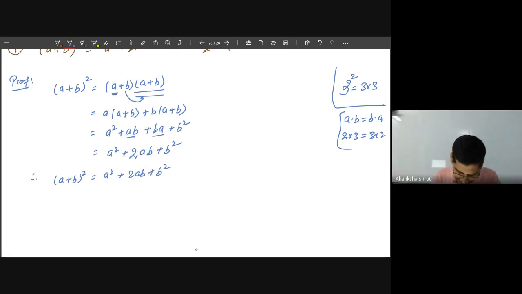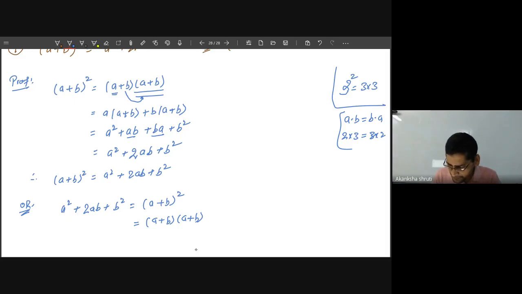Students, it means the reverse also holds good: if something like a square plus 2ab plus b square is given, then we can also write it as (a plus b) whole square. This is the product of two brackets, (a plus b) and (a plus b), so these are the factors of a square plus 2ab plus b square.